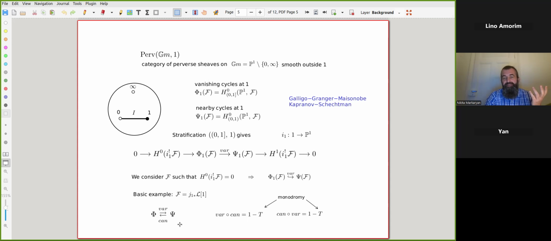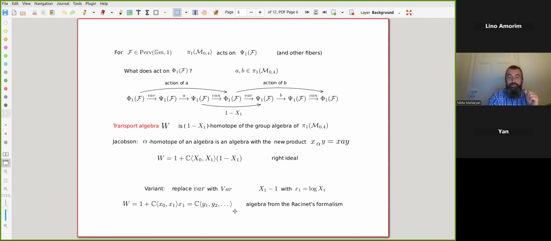So you can rephrase it this way: the category of perverse sheaves is a diagram with two vector spaces and two arrows, such that this composition is 1 minus an invertible operator. So it's an equivalence of categories.